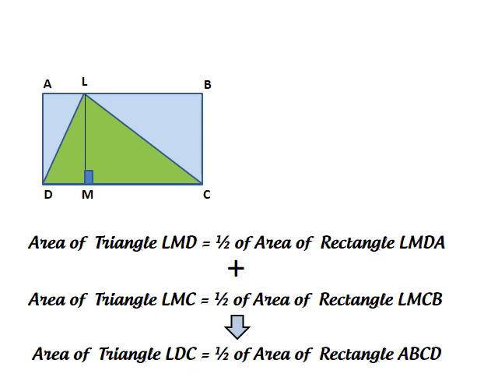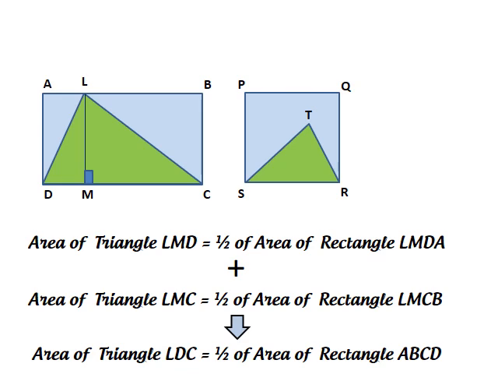Here it should be noted that the base of the triangle is the same as one of the sides of the rectangle, and the vertex opposite the base is on the opposite side of the rectangle. Only if this is the case, then the area of the triangle would be half of the area of the rectangle.